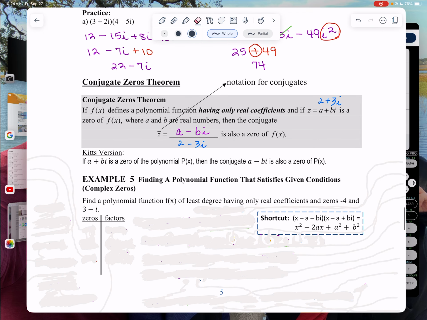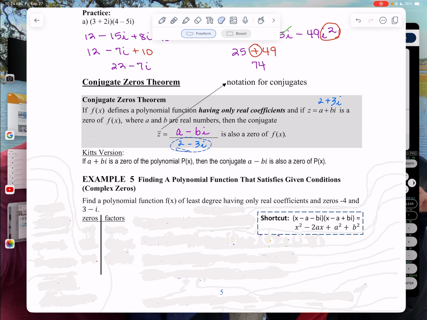All right. So if you have this, the conjugate zeros theorem says if this is a solution to your equation, then 2 minus 3I is also a solution to your equation.